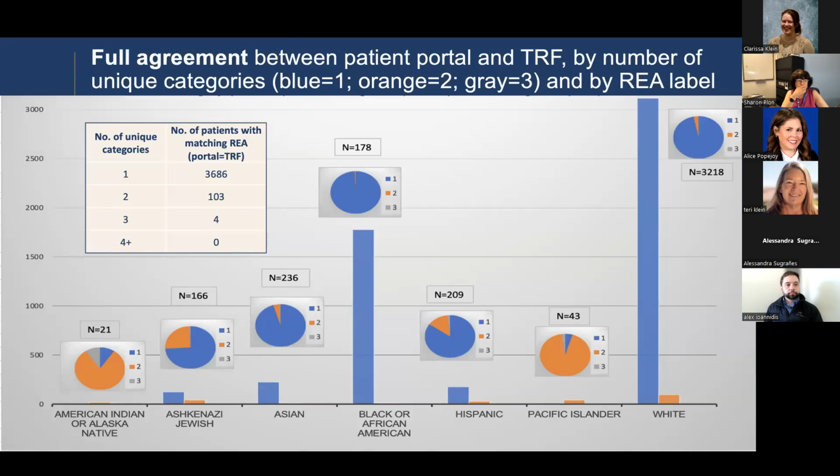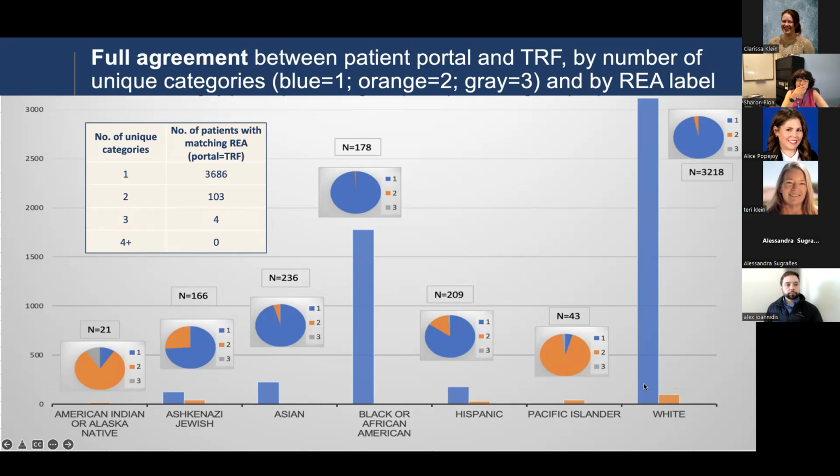So we still haven't quite figured out how best to represent people's multiple identities, but this figure is meant to show, among the individuals who had full agreement in their categories between their portal and the TRF, what proportion of those had one category, two categories, or three categories to describe them. And that's broken out by a given category.